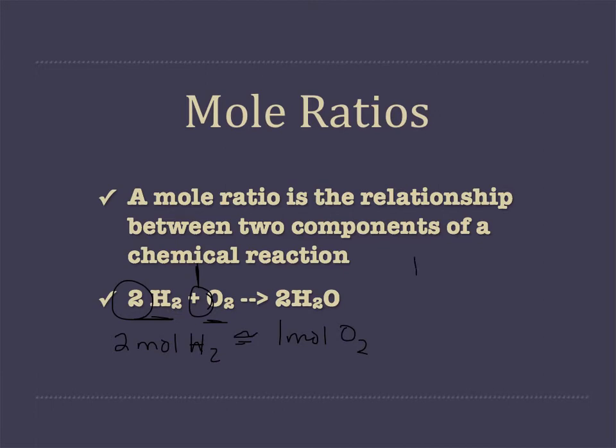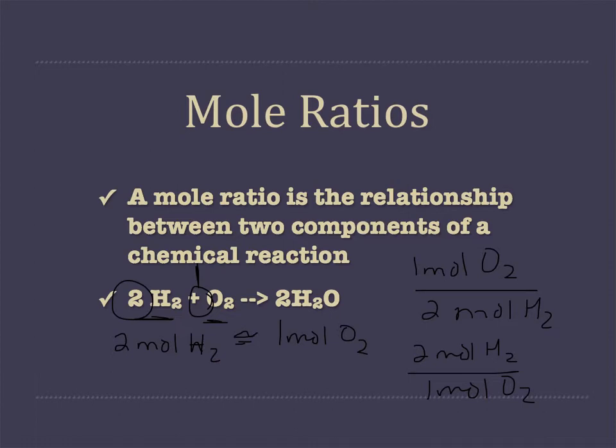So we could have 1 mole of O2 over 2 moles of H2, or we could do it the other way around: 2 moles of H2 over 1 mole of O2, based on which way we need to go. So we've got those ratios.